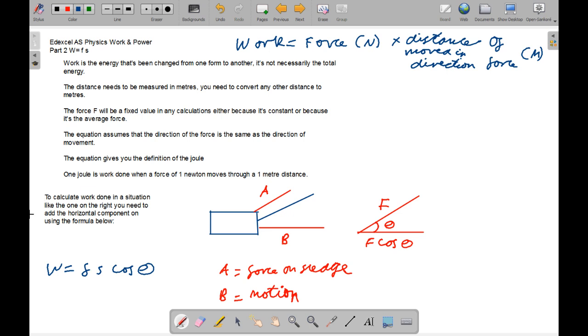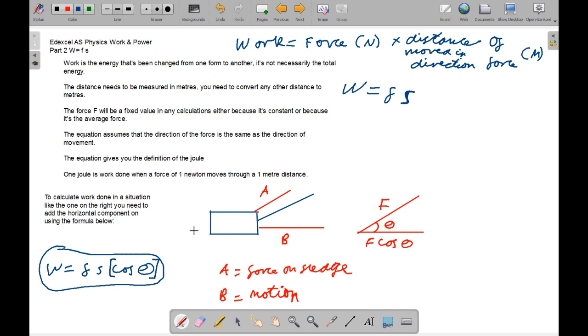And to calculate work done in a situation like this one, you need to use the horizontal component formula: W equals Fs cos theta. Cos theta is just the horizontal component. So it's the force times the distance moved in the direction of the force, s, and cos theta is the angle on the horizontal.